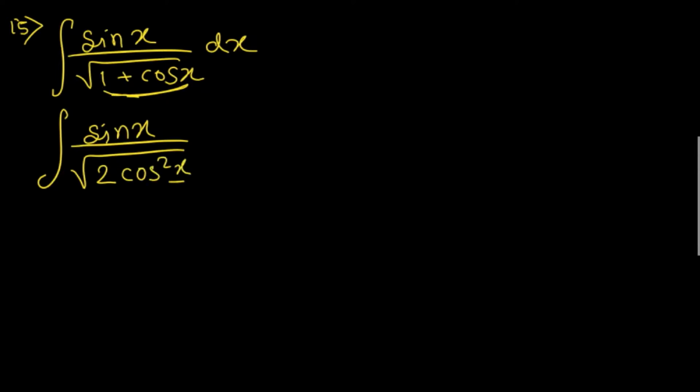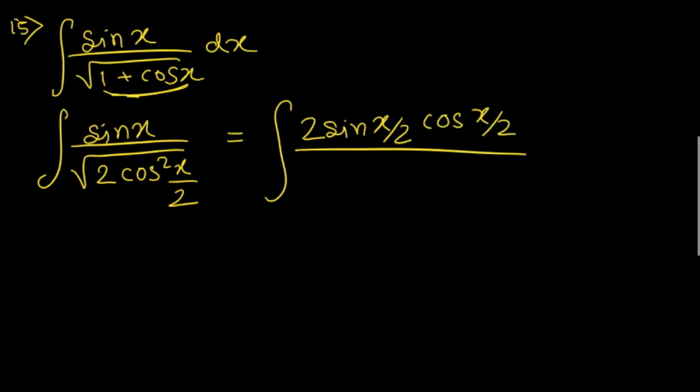Upon doing that, if we break the numerator into submultiple angles like 2 sin x by 2 and cos x by 2, and you obviously get a root here, the cos square x by 2 comes out of the root and gives cos x by 2. So cos x by 2 gets cancelled.